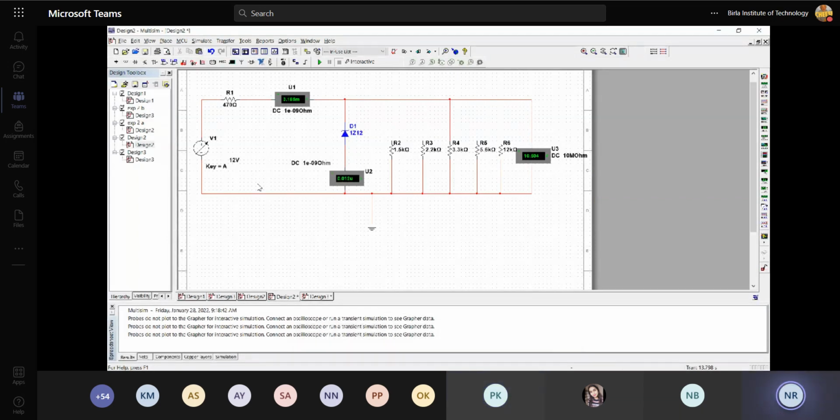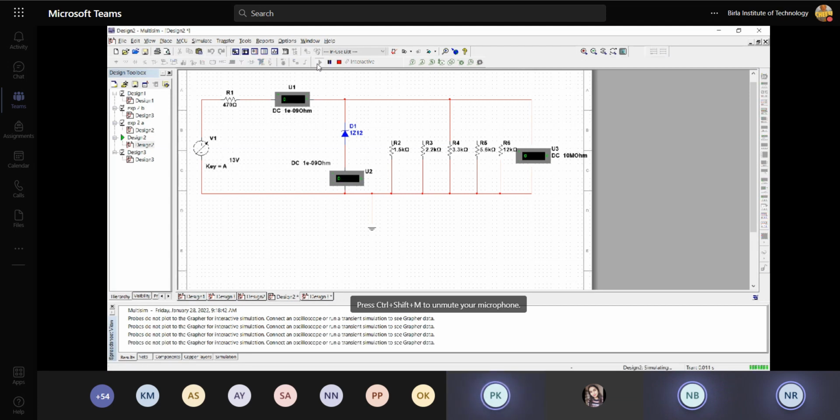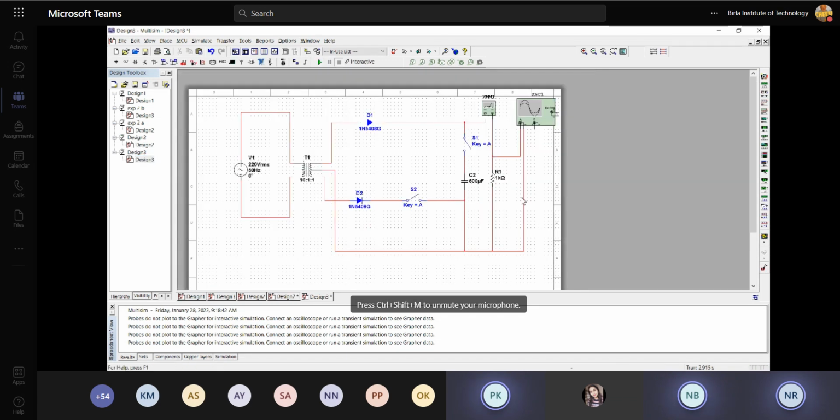Yes, it is visible. So experiment 3, I've set it at 12, sir. Can you increase the voltage? Yes, sir. At 13, 14, it's staying almost at 11. Yes. And so this is experiment 4 setup.